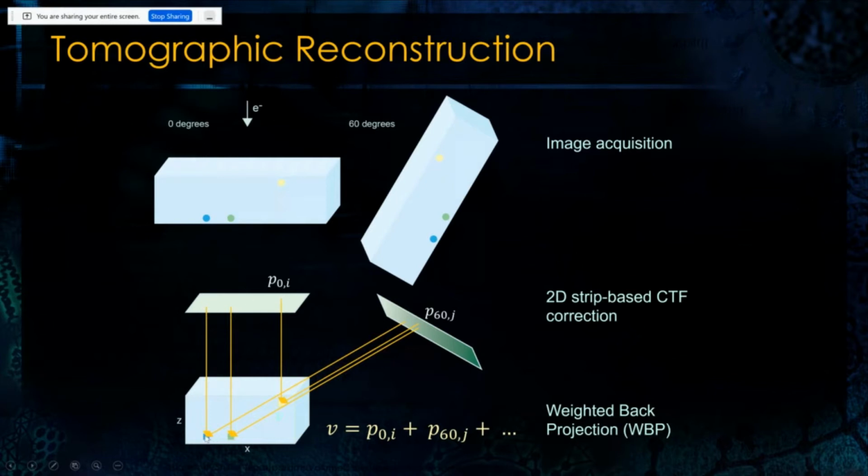So in this case, for the voxel V here, for instance, this would be added to this one, and you would do it for all the projections, and in the end you divide the sum by the number of projections that are contributing, and that's it. That's in a nutshell, as simple as that. There is some filtering going on, but this is not really anything that influences the CTF. And this actually already works pretty nicely.